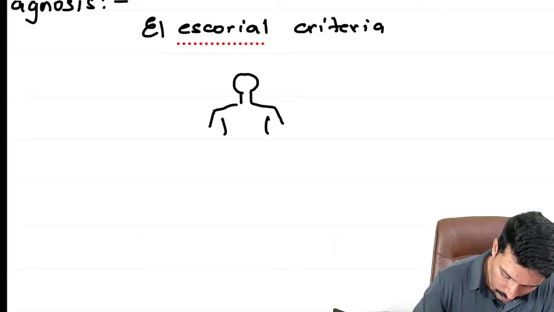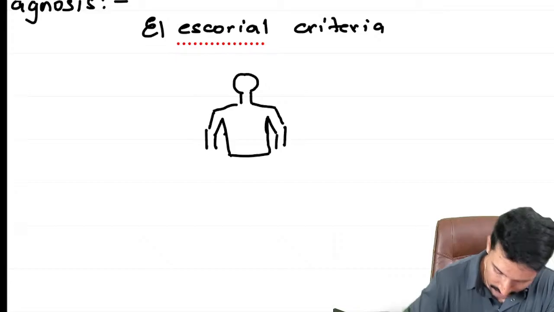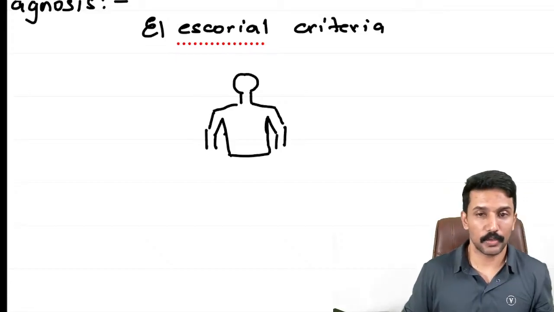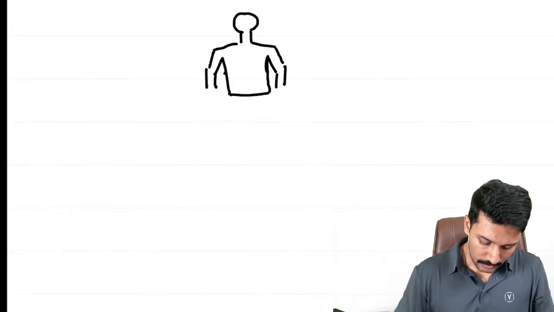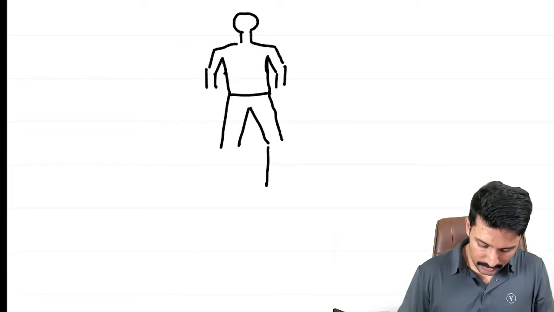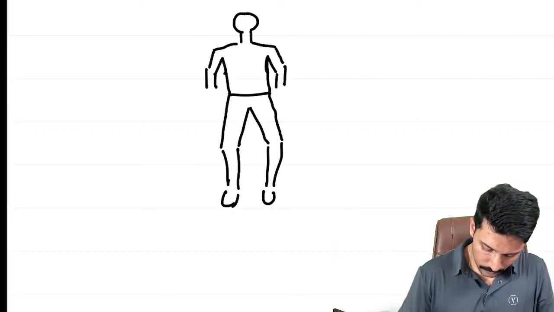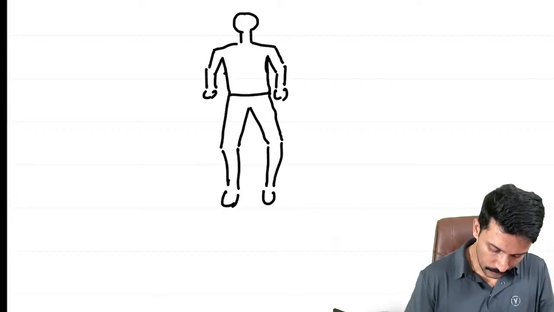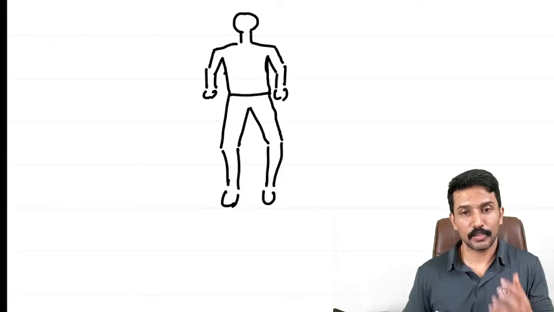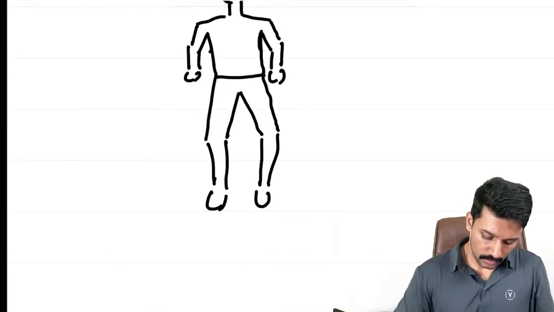Then the upper limbs are called cervical, because cervical segments give the nerve supply to the upper limbs. Chest and abdomen is called thoracic, because thoracic segments are the ones giving the nerve supply to the thorax and abdomen. And the lumbosacral segments of the spinal cord give the nerve supply to the lower limb, so we will call them lumbosacral.